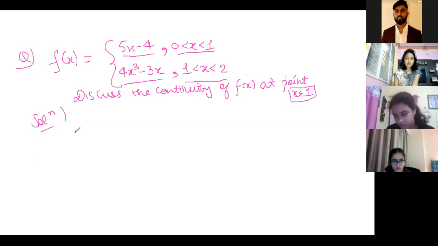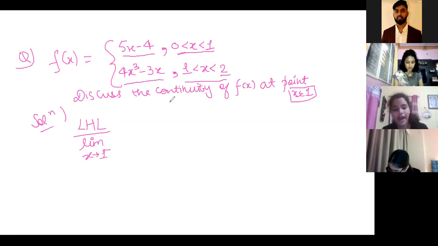So how are we going to solve it? The first thing is that we are given an LHL here, a value here, and an RHL here. LHL is left hand limit, right? Now, limit x tending to 1 minus. So why have I written 1 over here? Because, okay, I'm asking randomly somebody, Sanjana, unmute yourself.